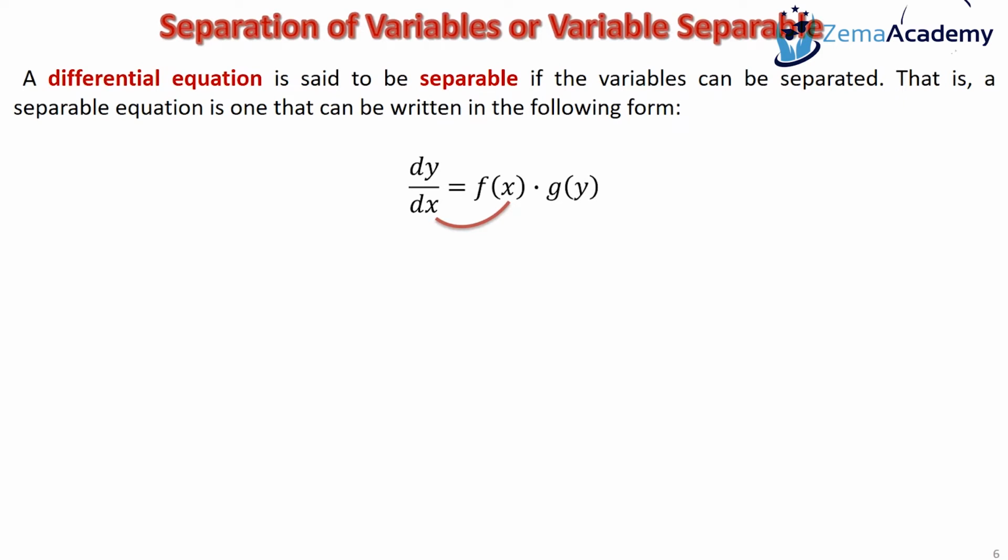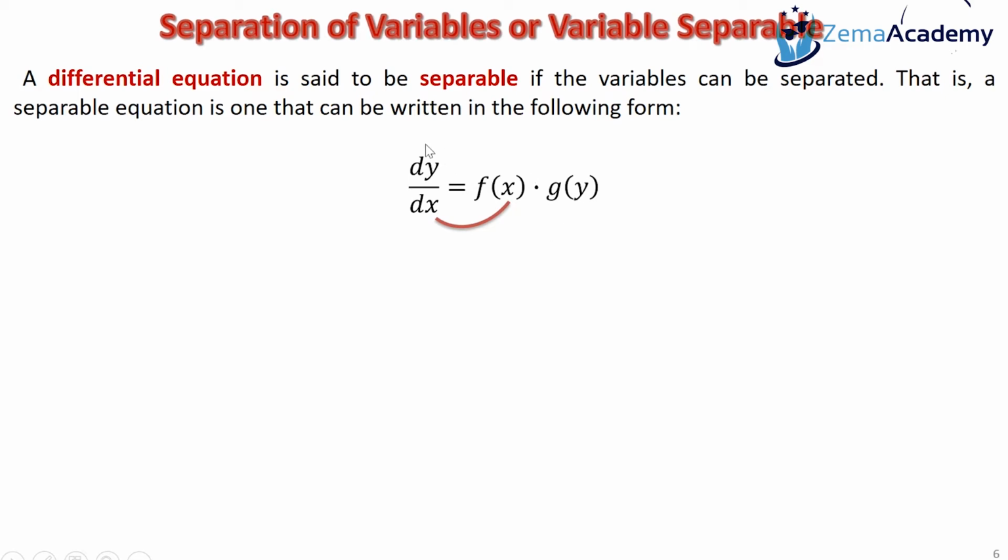So in this case, let's take that you have got two functions, one is a function of x and the other is a function of y. Because f is reserved for f(x), I have introduced another function, g, which is a function of y. So dy/dx is equal to the product of two functions f(x) and g(y).